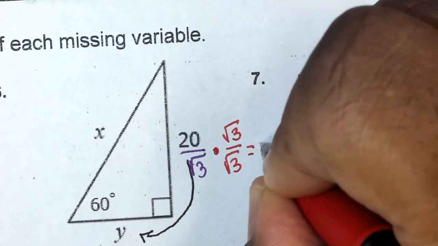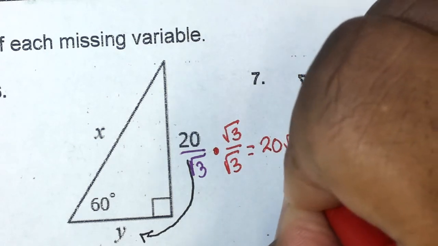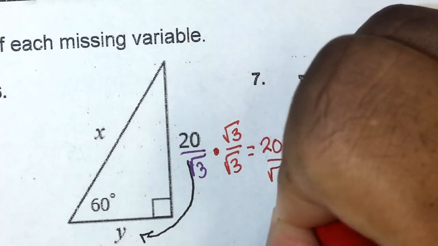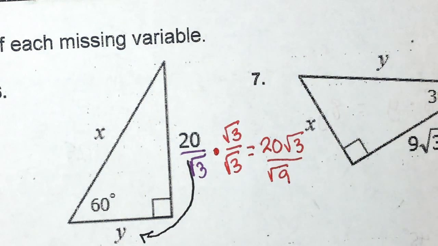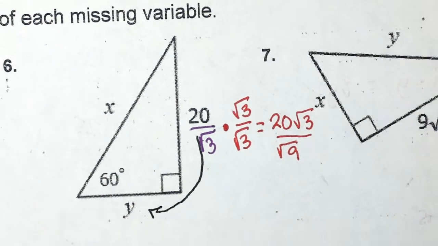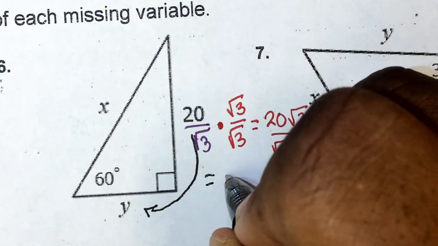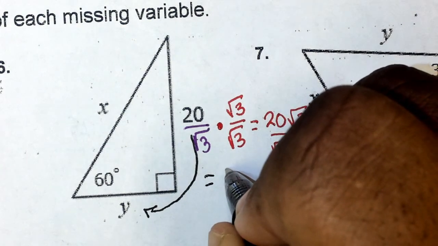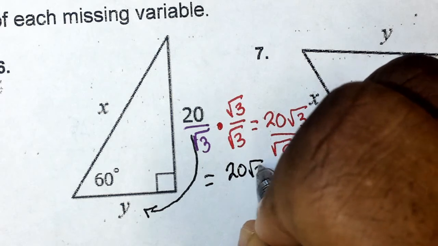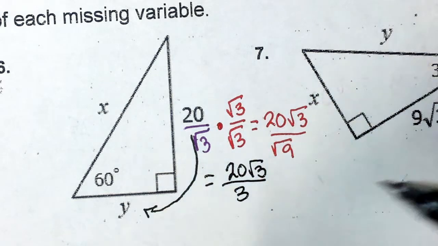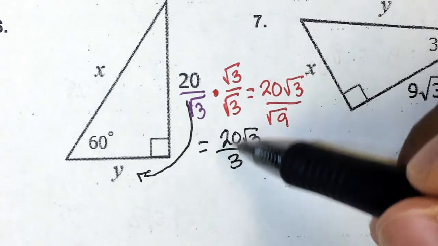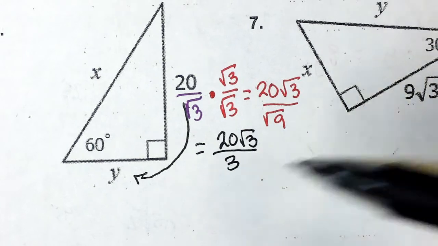Then that's going to equal 20 square root 3 over square root of 9. And then when I simplify that, on the bottom it's gonna be what? 20 square root 3 over 3. The last thing I want y'all to check too is make sure y'all can't divide the two numbers on the outside.